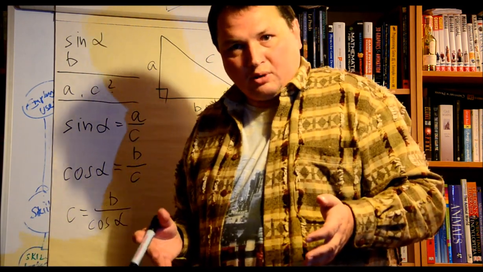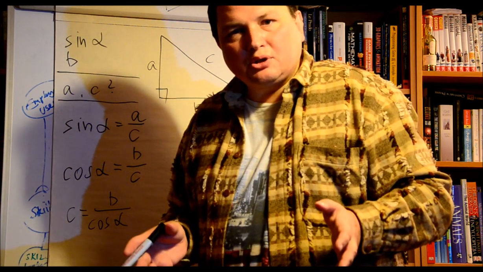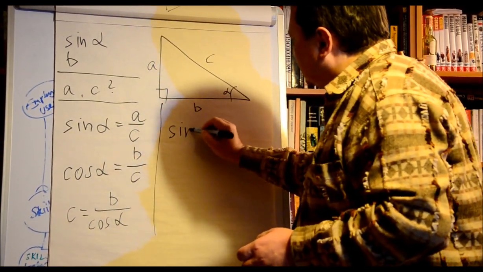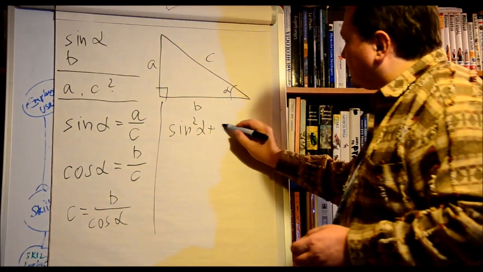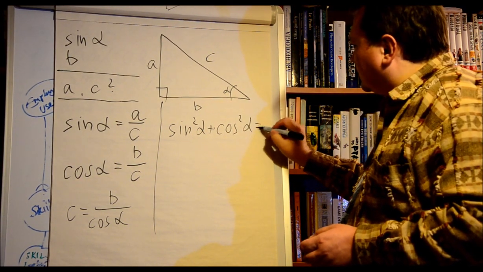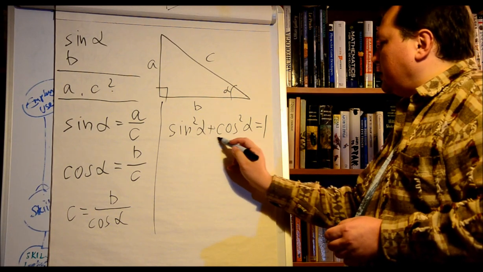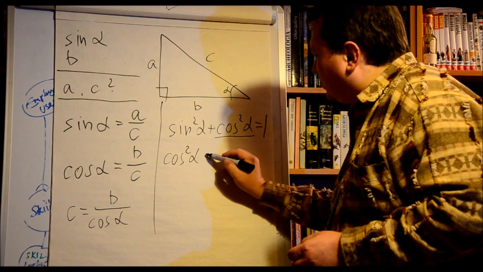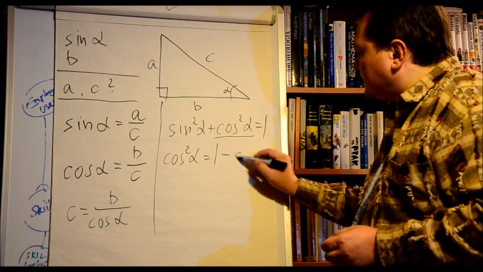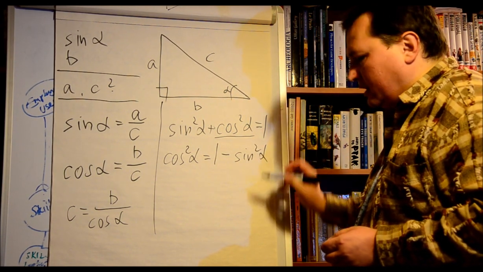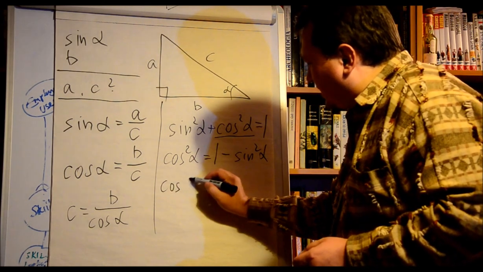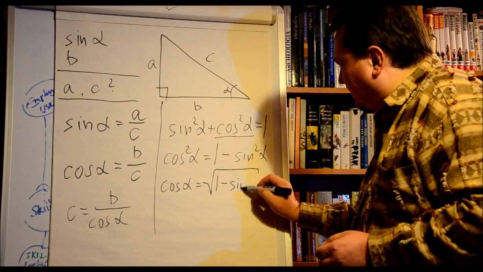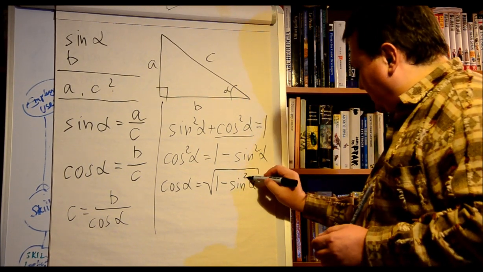From an equation which is known as trigonometrical unit. This equation says sine square alpha plus cosine square alpha equals 1. We are looking for this part. So cosine square alpha equals 1 minus sine square alpha. So cosine alpha is the square root of 1 minus sine square alpha.